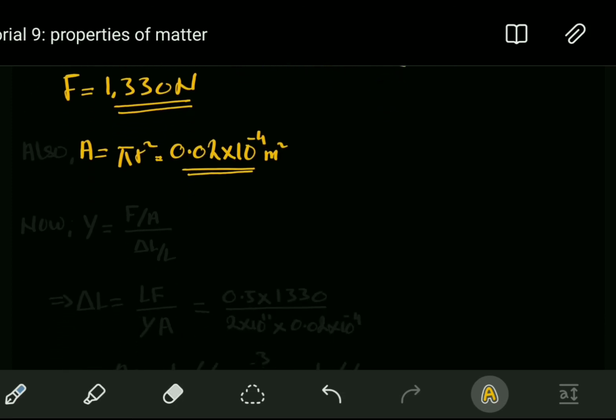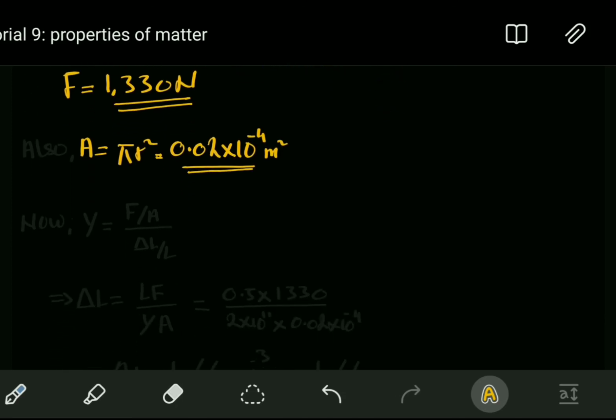So now we proceed. We know that the Young's modulus is given as force over area divided by change in length over the original length, or simply said, the stress over the strain.